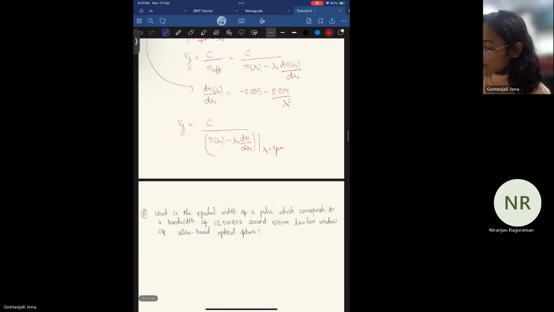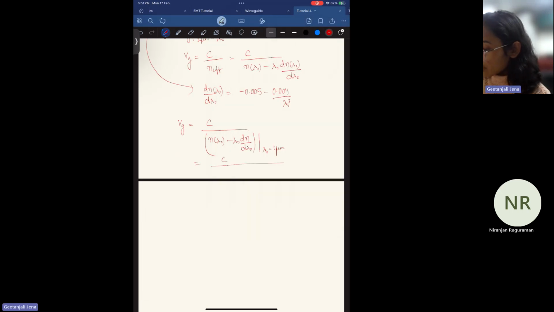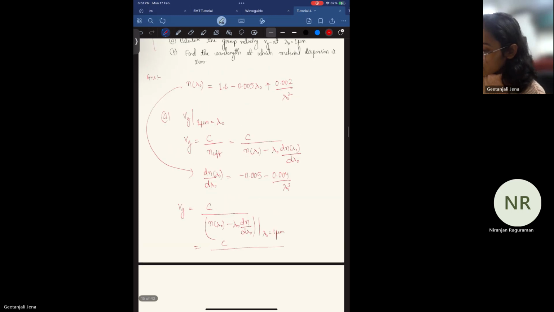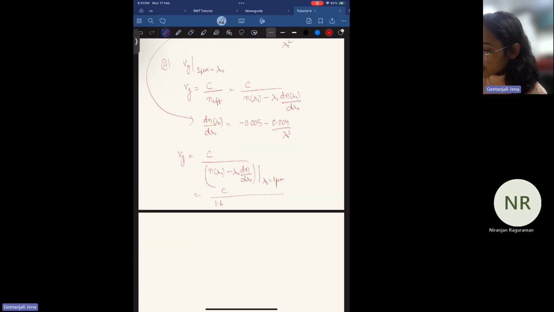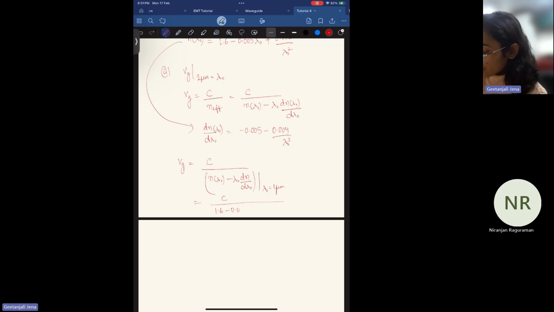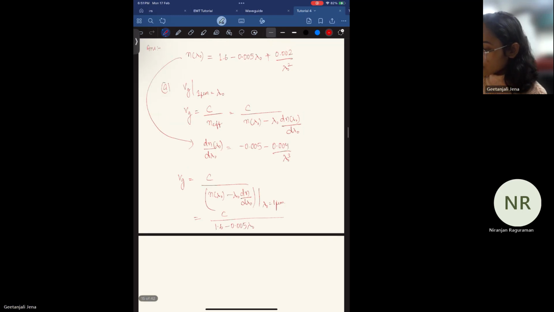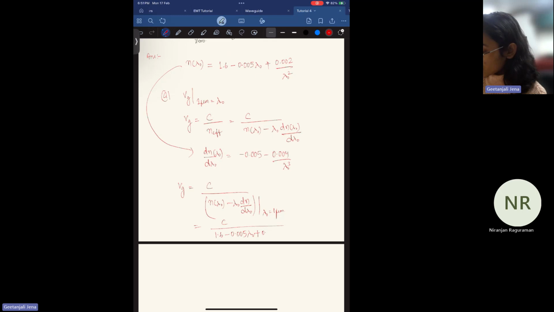So we have N of lambda 0 is 1.6 minus 0.005 lambda 0 plus 0.002 over lambda 0 square, minus, so there is a minus in this term, so let us take plus 0.005 lambda 0 plus 0.004 lambda 0 square.